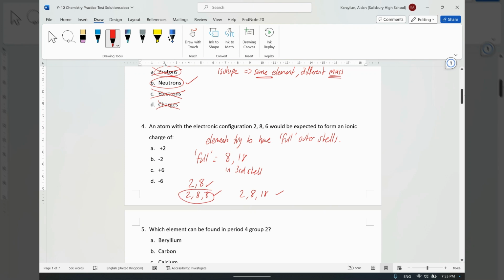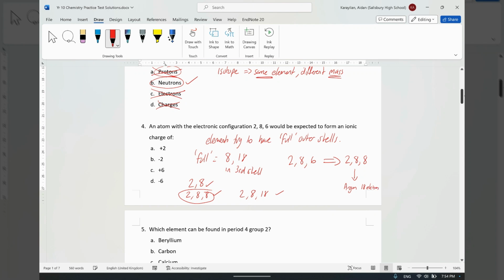So we're going to try to turn 2, 8, 6 into 2, 8, 8. If we tried to turn it into this one here, we would have to lose 6 electrons, which is not easy to do. So we're trying to get from 2, 8, 6 to 2, 8, 8, this being the same number of electrons as argon, which has 18 electrons.